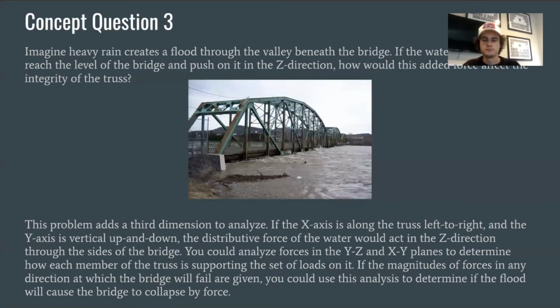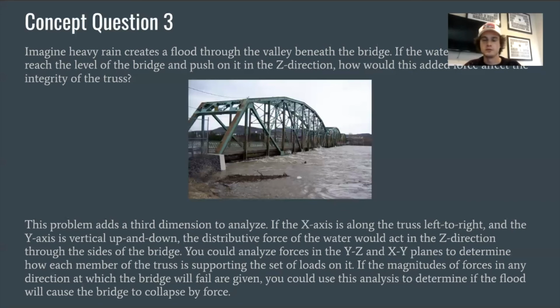And after thinking about this, I came to the realization that you could split this up and then solve for the forces acting in the YZ plane, essentially how the water is pushing on each member of the truss. And then you could also solve for the analysis in the XY plane, such as what George walked through.